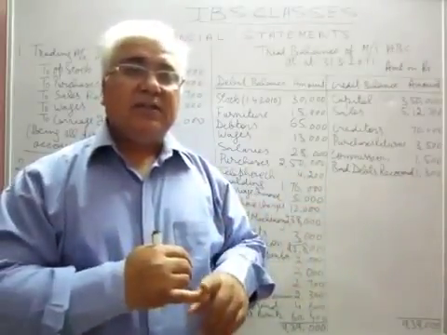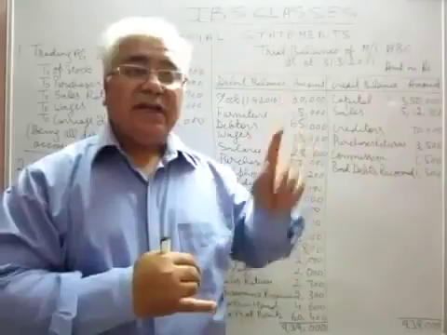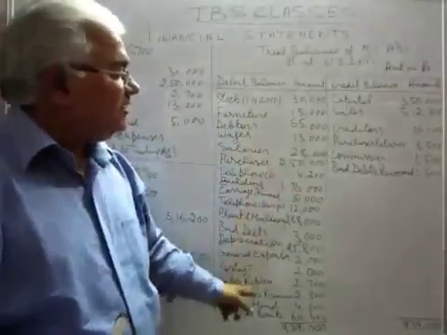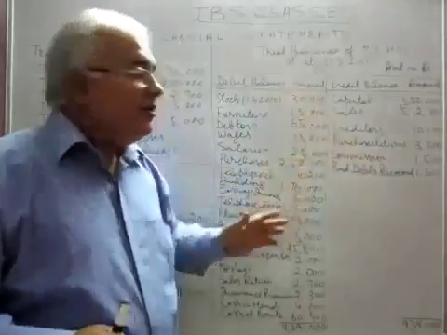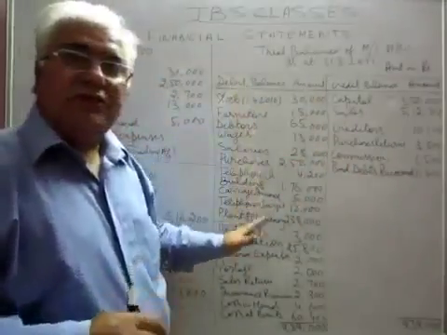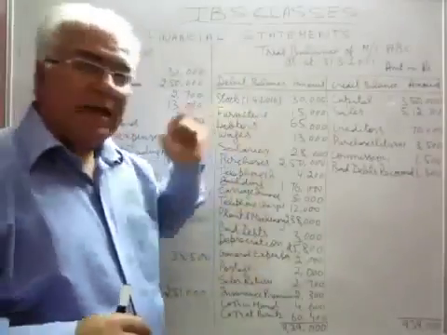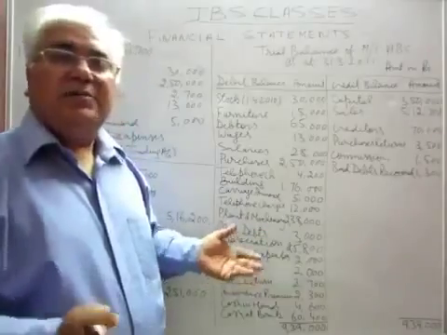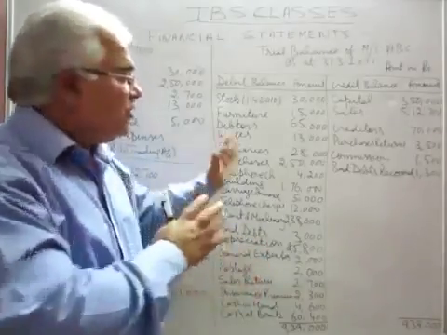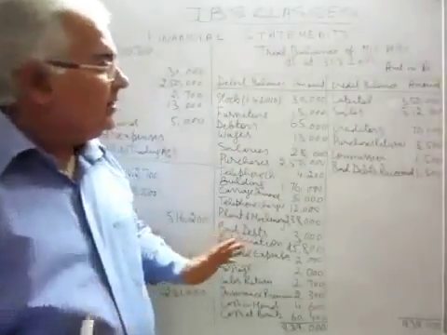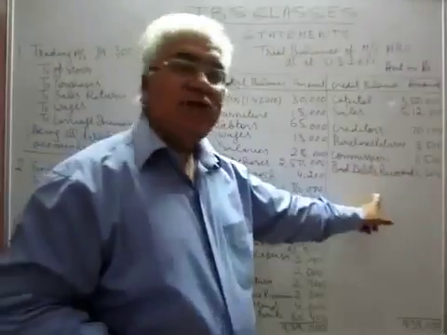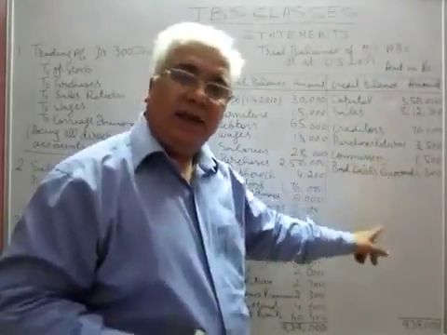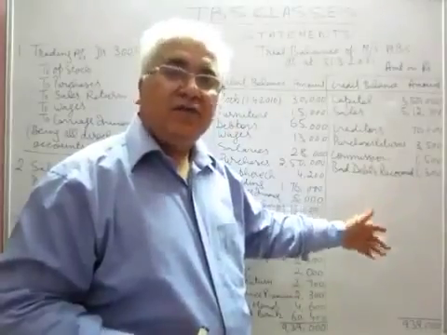You see, trial balance has two sides. This is the debit side, this is the credit side. All the accounts which appear on the debit side of the trial balance are either assets or expenses or losses. It could not be anything else, right? Similarly, all the accounts which appear on the credit side of trial balance are either liabilities or incomes or revenues.